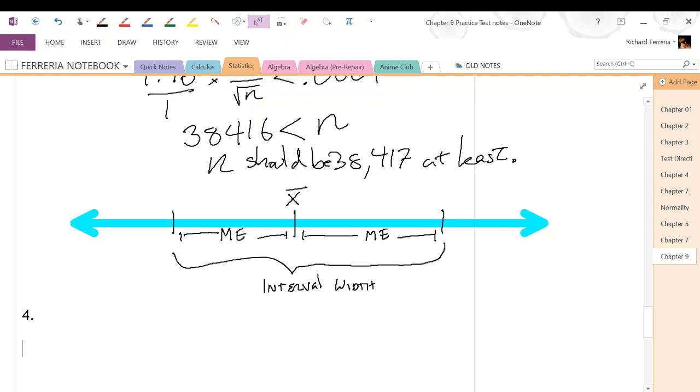Okay, so standard error. Let's remember what standard error is. That's equal to sigma x bar, and that's approximately equal to S over square root of n.